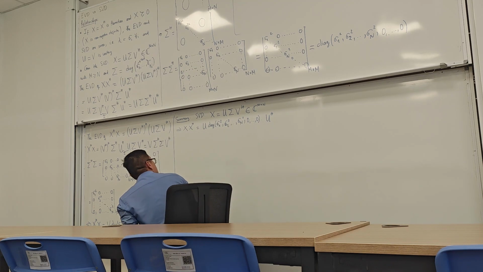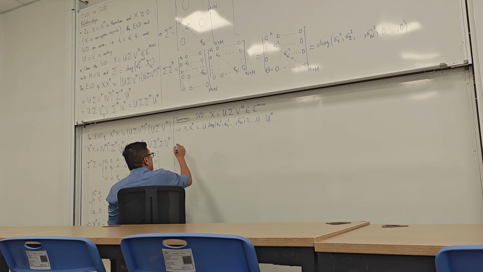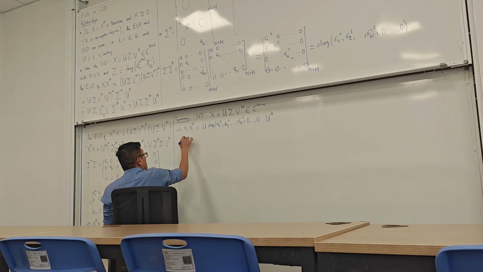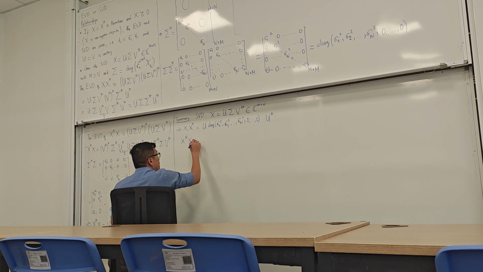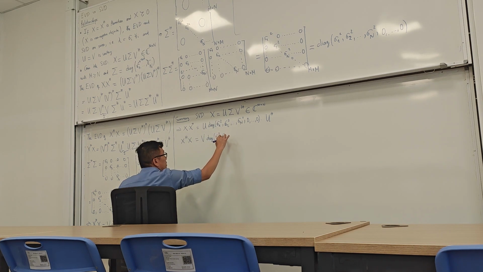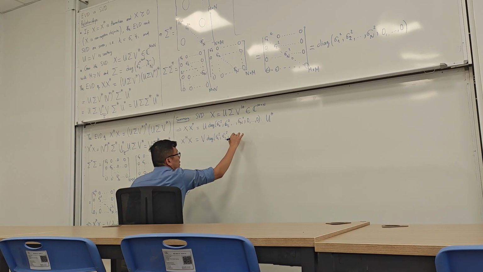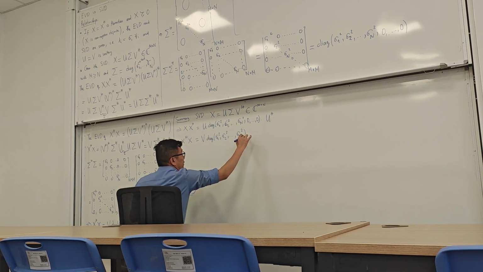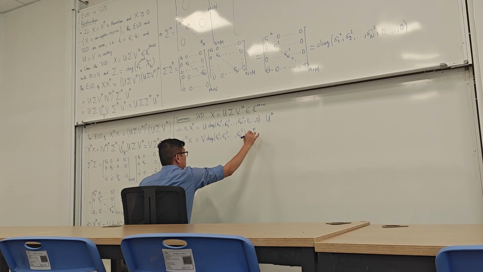Okay, that's the first one. Now the second one, X Hermitian times X becomes V diagonal of sigma 1 square, sigma 2 square, and so on, sigma n square, like this, and V Hermitian.